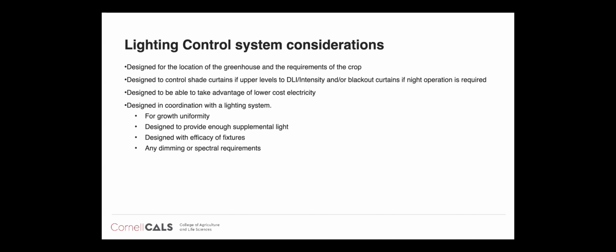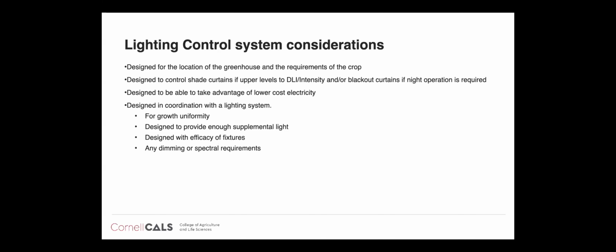Also, a lighting control system should consider shades if the upper DLI is an important consideration, and potentially blackout curtains if you need to light at night and not disturb your neighbors. Again, I think it's advantageous to be able to take advantage of lower cost electricity if it's available. That's not something you necessarily get with the time clock or the threshold control.